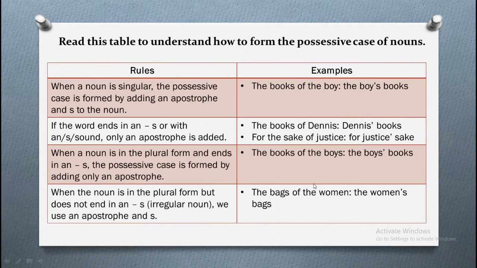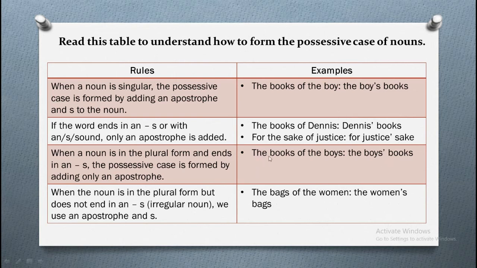Plural means the words which are in plural form by adding S, for example, girl becomes girls, boy becomes boys, book becomes books, door becomes doors. In those words we keep the word the same and we add an apostrophe. Again, we do not add S because these words also end with the S sound.